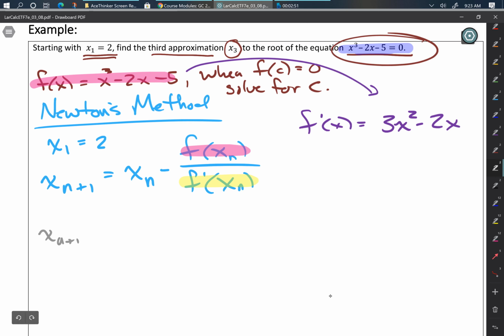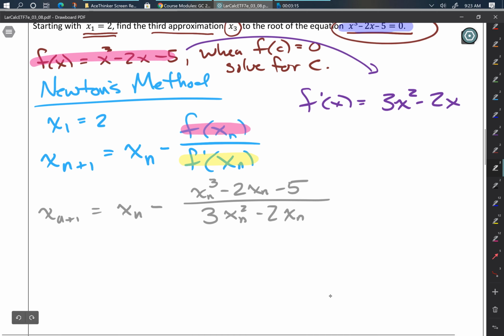X sub n plus 1 is going to be equal to x sub n minus x sub n cubed minus 2 times x sub n minus 5 divided by 3 times x sub n squared minus 2 times x sub n.